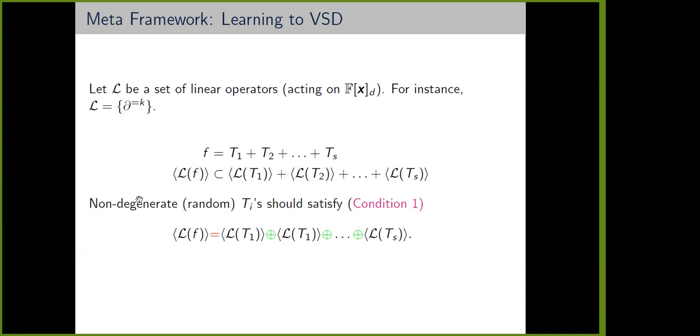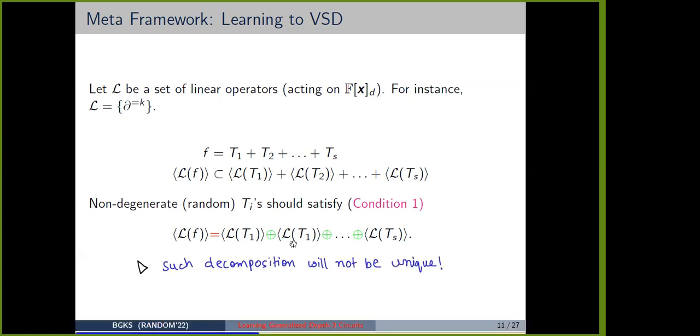But we want some kind of direct sum to use our vector space decomposition setting. So for that, we assume and we hope that in the non-degenerate setting we have the following: first, we have direct sum structures among the addition of these vector spaces, and an equality instead of inclusion here, and we call it non-degenerate condition 1. That is, if you apply linear operators on your polynomial f, you get this direct sum structure and an equality among vector spaces.